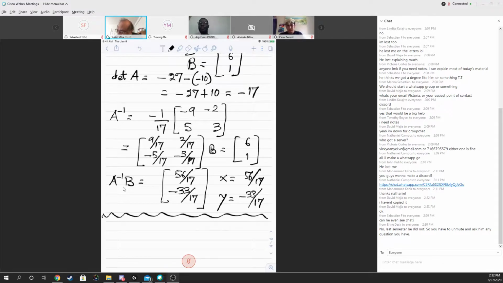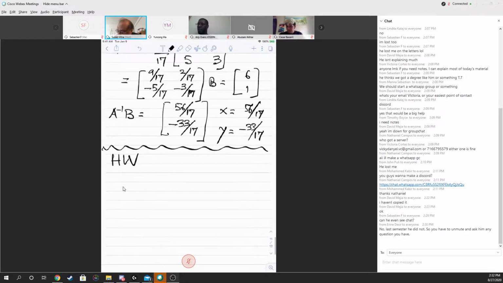Homework, you don't have to turn in homework, but we will discuss quickly tomorrow, on Tuesday. Solve the following system. Solve the system of equations.